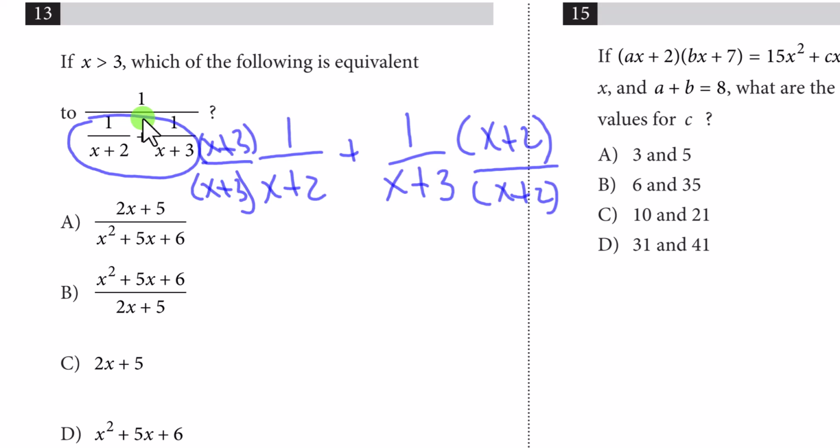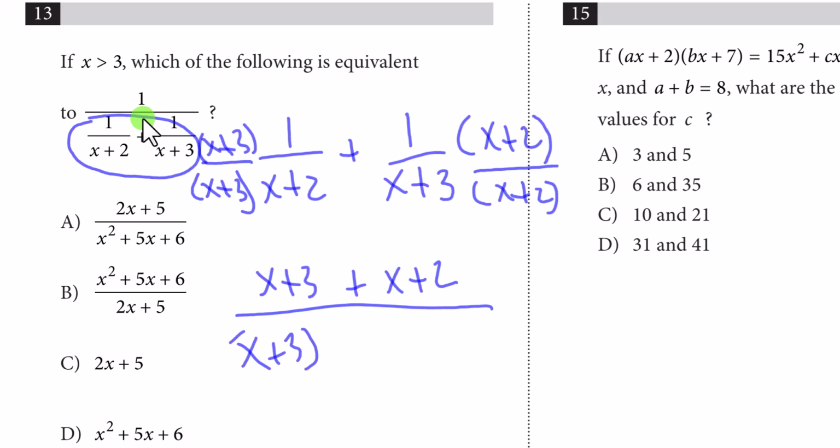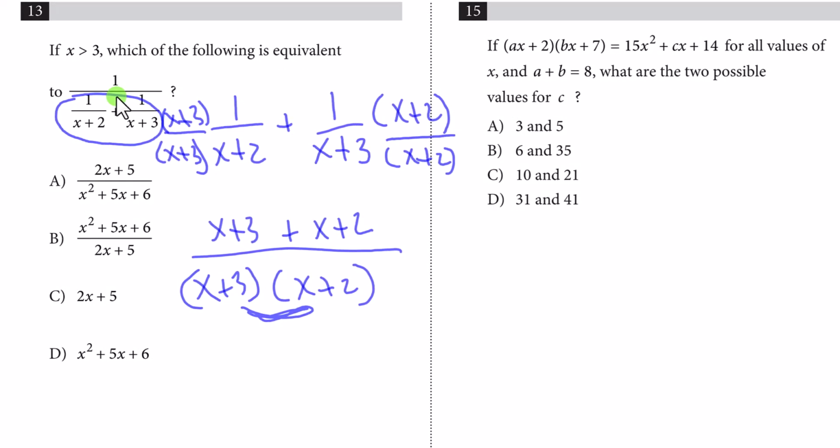So you're going to end up with x plus 3 plus x plus 2 all over x plus 3 times x plus 2. We're going to take this bottom part and FOIL it out. So that's going to give us x squared plus 3x plus 2x plus 6.